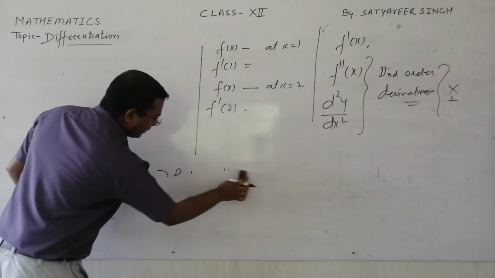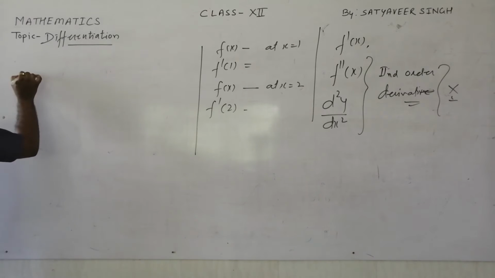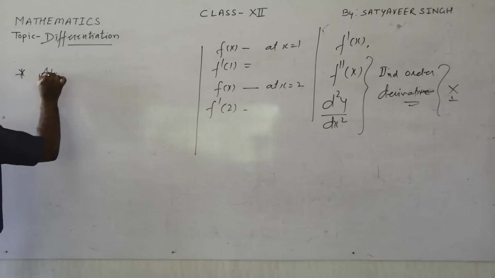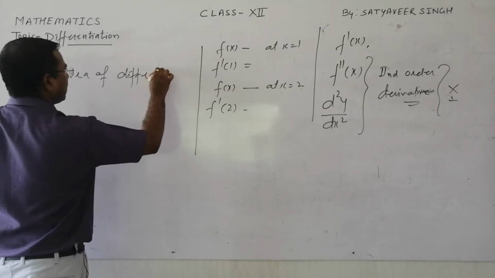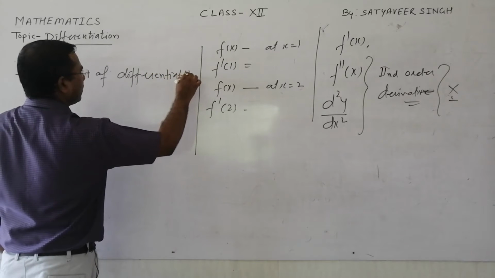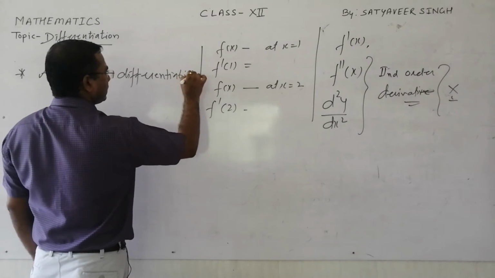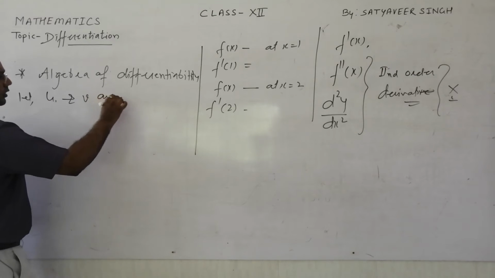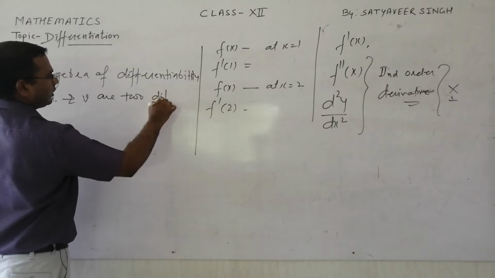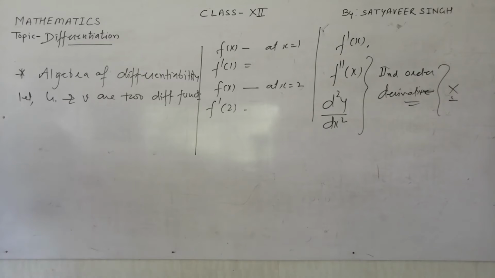You are familiar with the algebra of differentiability, so I am just recalling your previous knowledge. Algebra of differentiability we can understand like this: let u and v be two differentiable functions.